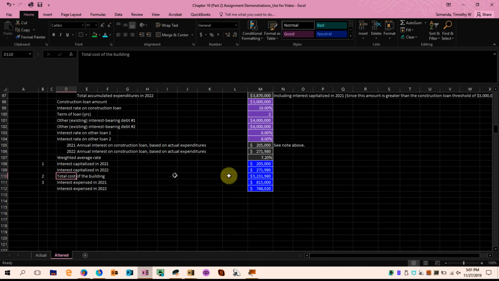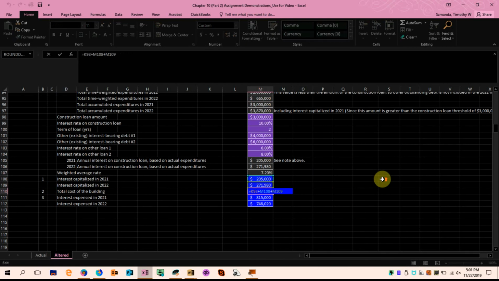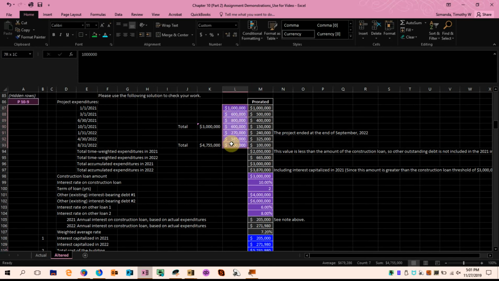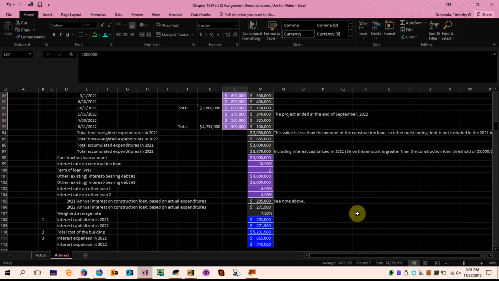It also asks for the total cost of the building. So the total cost of the building is going to be the gross amount. Remember, the project is now done. We don't have to worry about the time-weighted amounts for construction costs. That issue only applies to determining capitalized interest. When it asks us for the total expenditures, it'll be the $4,755,000, which is the gross amount of all of the expenditures in years 1 and 2, 2021 and 22.